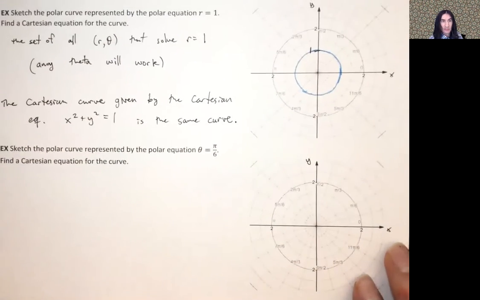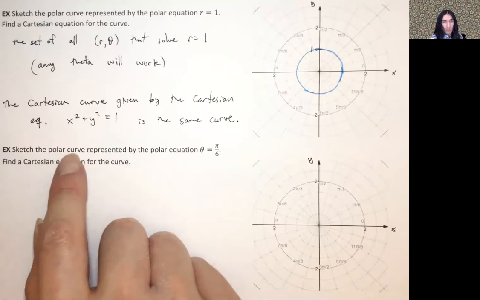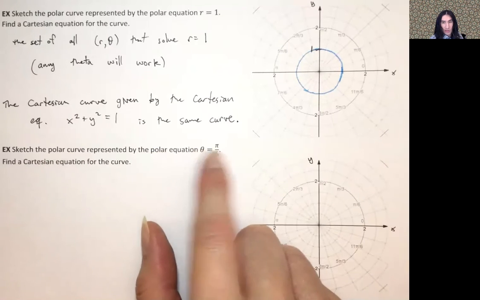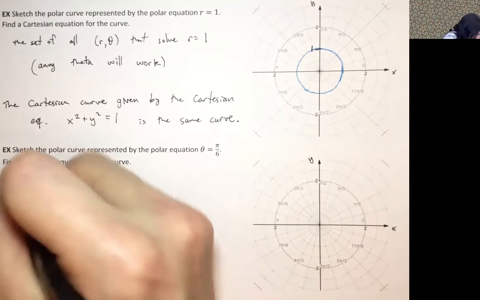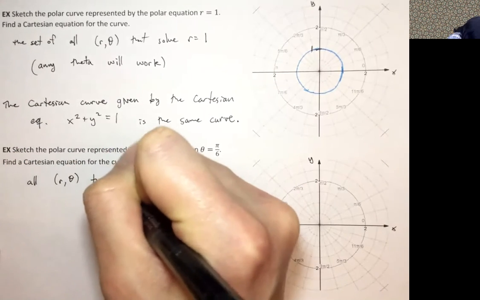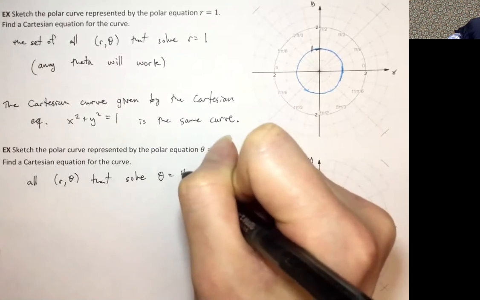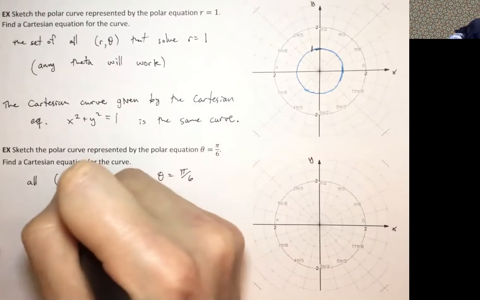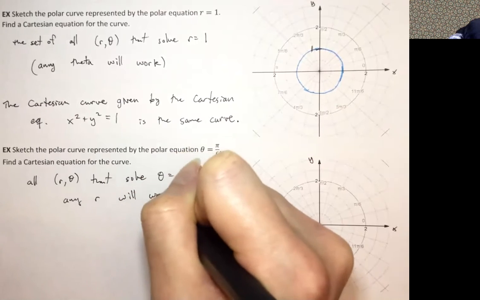Similar situation exists with theta values. So for instance, let's think about a polar curve now given by a polar equation, theta equals pi over 6. So in the same way, we're looking at all r theta that solve the equation, theta equals pi over 6. And in this case, any r will work.